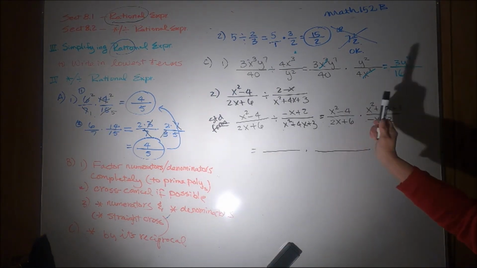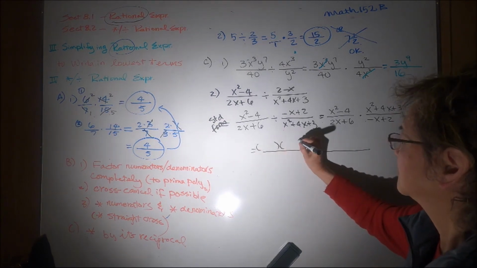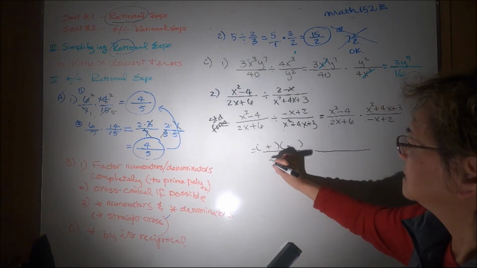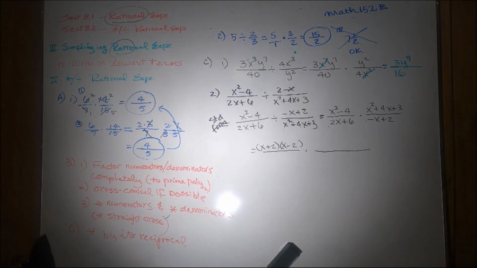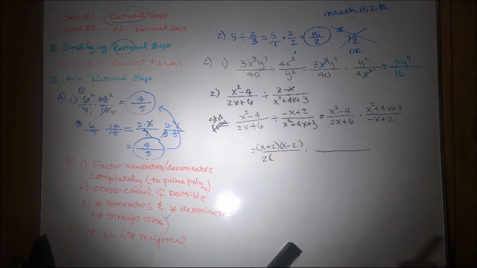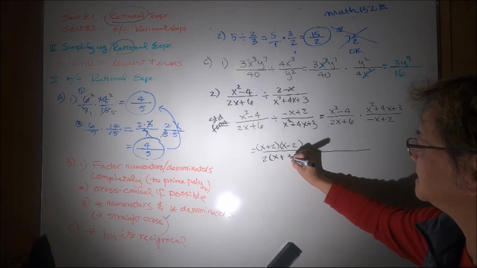So for the first one, is that a difference of two squares? Yes. So x squared and 2 squared: you have x and x, 2 and 2, one is plus, one is minus. Then for the bottom binomial, you have a GCF, so that will be 2 times x plus 3.